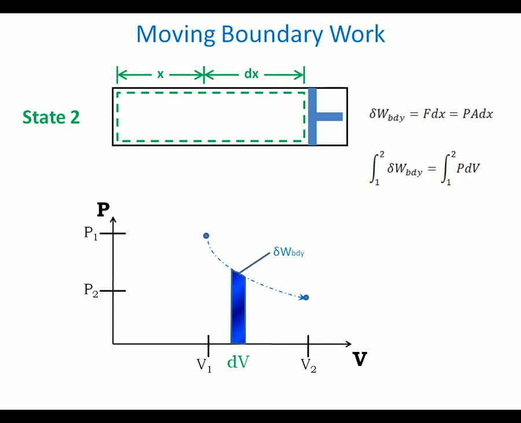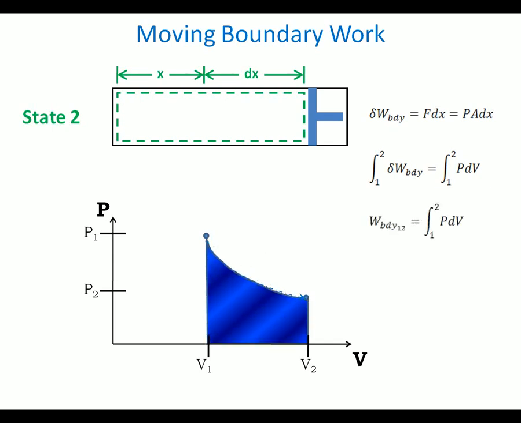The integral from 1 to 2 of the differential moving boundary work is all of the moving boundary work. So moving boundary work from state 1 to 2 equals the integral from 1 to 2 of pressure times differential volume. This is equation 1.26, and it's the equation we'll use for closed system moving boundary work.